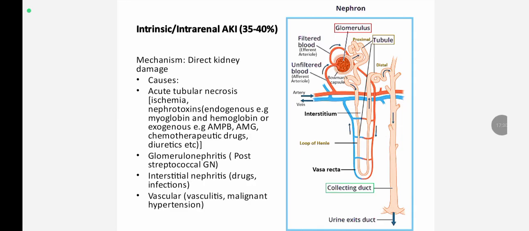Now, when there is a reduced blood supply, probably the use of drugs or ischemia, reduced blood supply to the tubule, it causes acute tubular necrosis. So the first cause of acute tubular necrosis, as shown here, is ischemia.